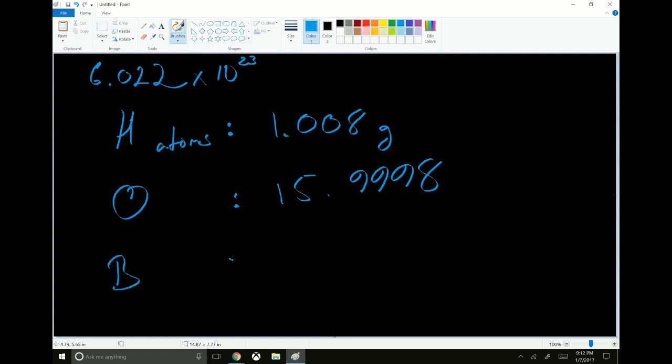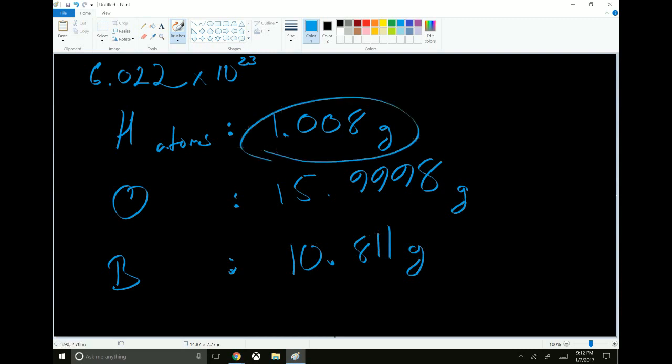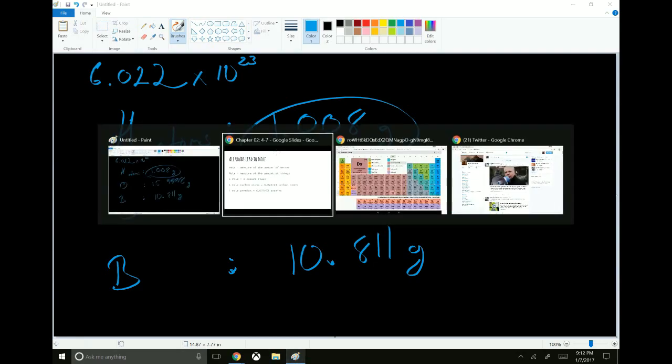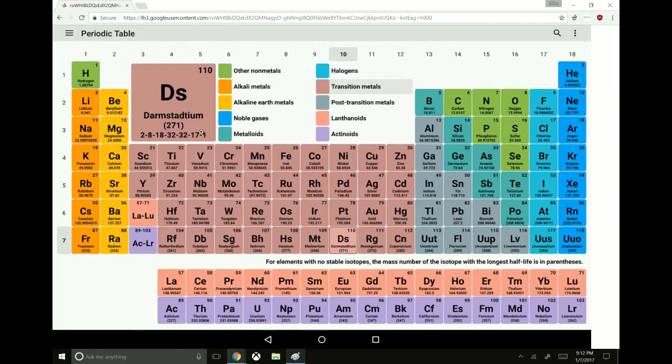For boron, 10.811 grams. So Avogadro's number just ensures that if you have that many atoms then they will all add up to a mass in grams equal to the mass in atomic mass units of the element. So you see here on the periodic table, 1 mole of hydrogen, 1.008, 1 mole of helium, 4.003, lithium, 6.941. So it's just the mass underneath the elemental symbol on the periodic table.